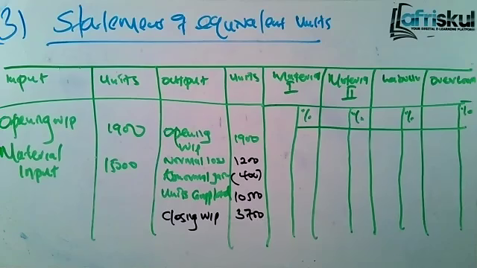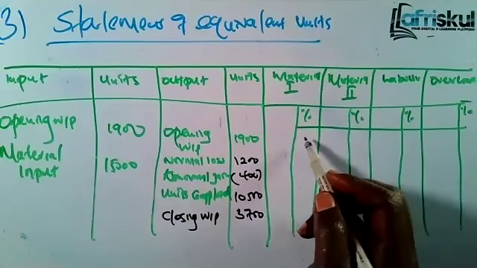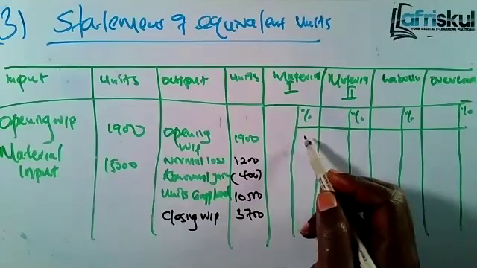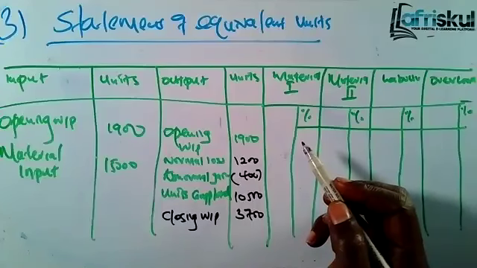So now when it comes to opening WIP, you check the percentage of completion provided. We have been given direct materials, it was 80%. So here the first one is normally completed 100%. When you have the degree of completion for WIP, you take 100% minus the percentages provided.